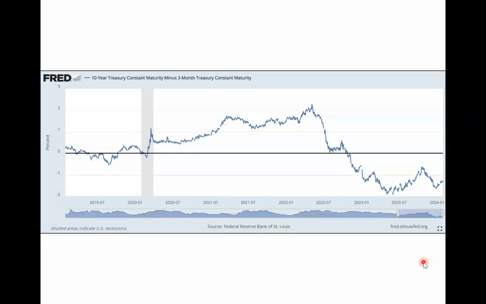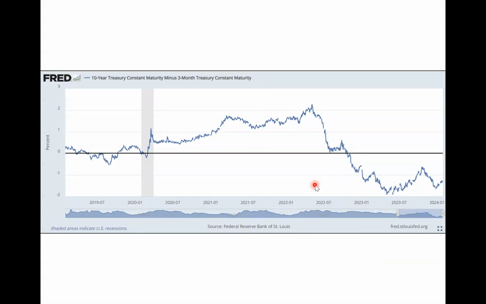The relevance of this question is that when the yield curve inverts, and what I mean by the yield curve is the 10-year minus 3-month difference in yields, that tends to represent the entire yield curve, because you have the long maturity and very short maturity points. So that tends to give you an idea of the trend of the yield curve.